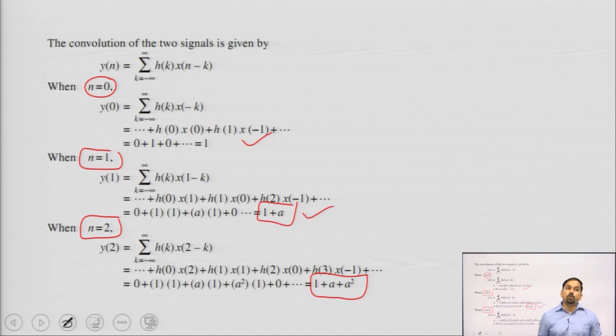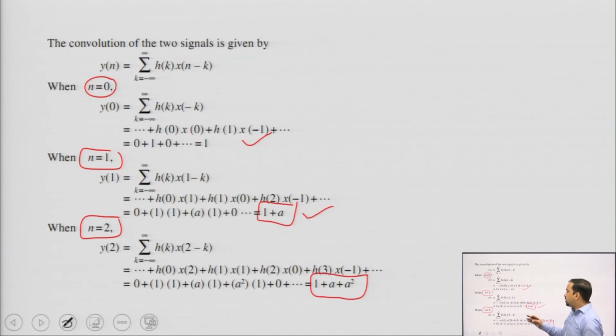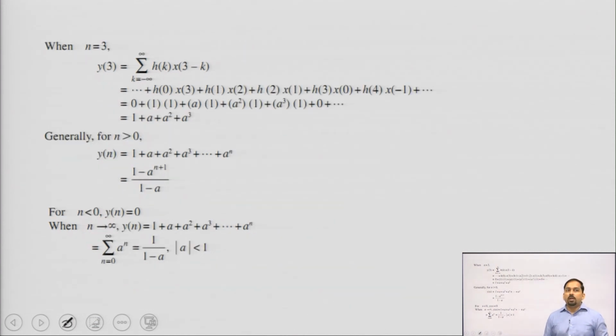When n equal to 3, we have 1 plus a plus a square plus a cube. For n equal to 4, we have 1 plus a plus a square plus a cube plus a raised to power 4. So, what can we write?